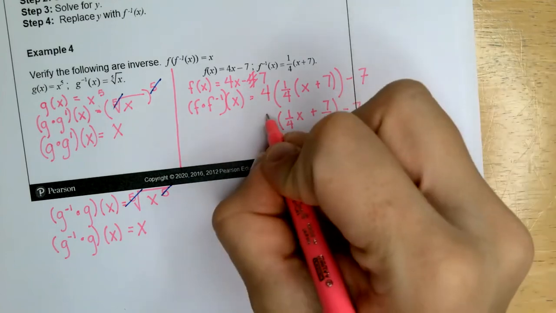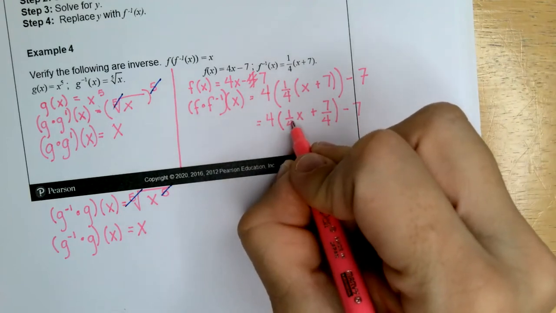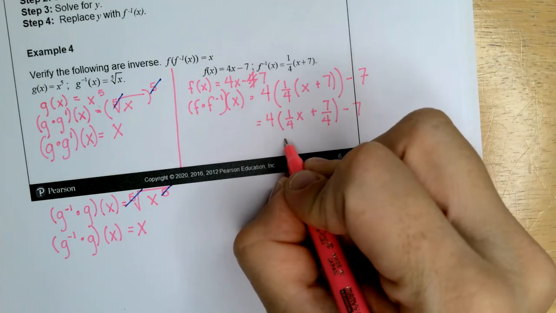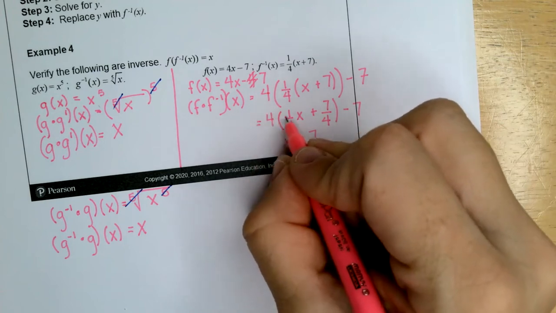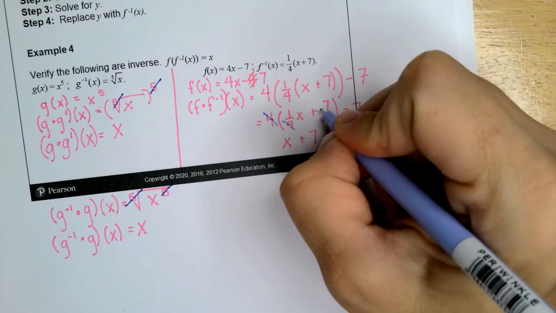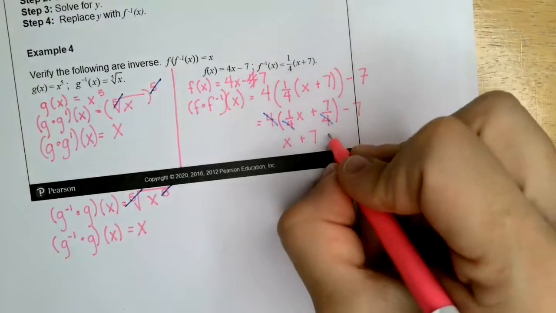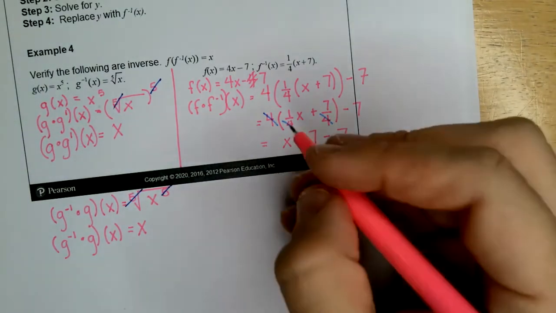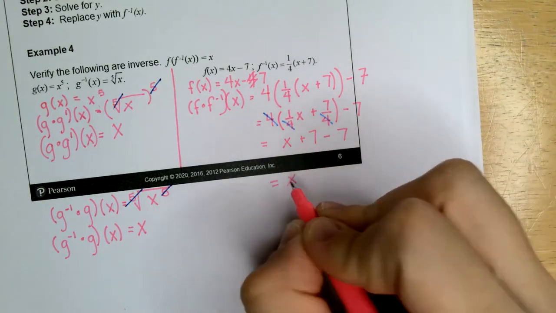Minus 7, all multiplied by 4. And then I'm going to distribute the 4. 4 times 1/4 just becomes 1x. 4 times 7/4 just becomes 7 because those cancel. Minus 7. And then plus 7 minus 7 equals x.